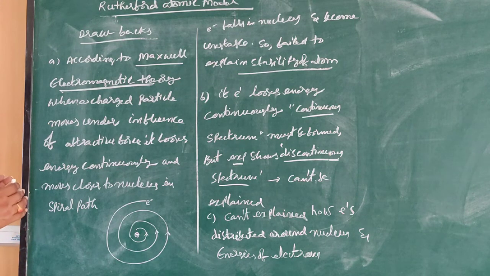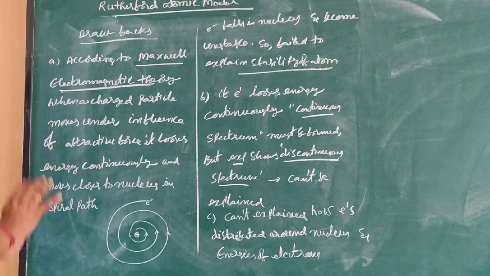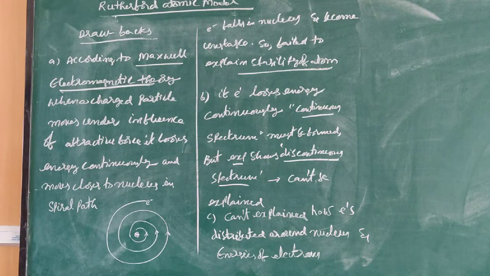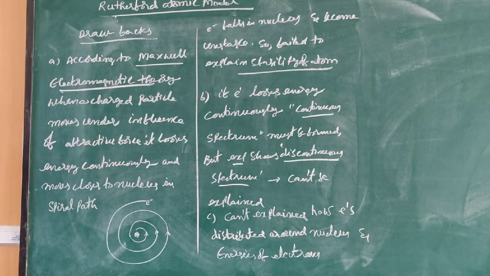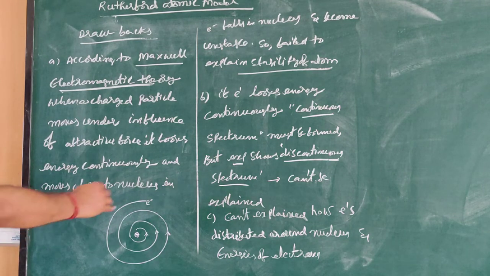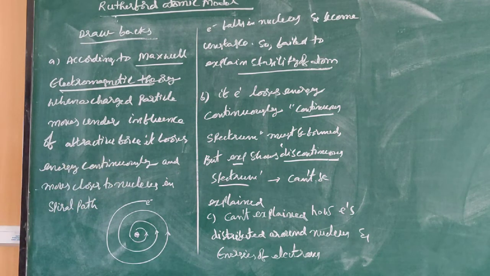According to Maxwell electromagnetic theory, when a charged particle moves under the influence of an attractive force, it loses energy continuously in the form of electromagnetic radiation. If it loses energy, automatically it moves closer to the nucleus in a spiral path.